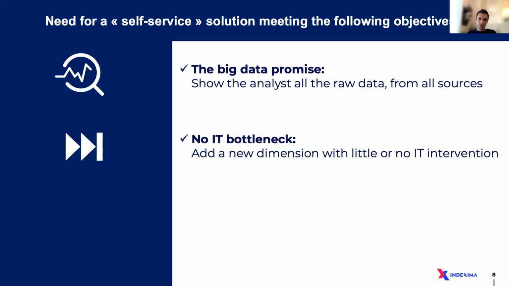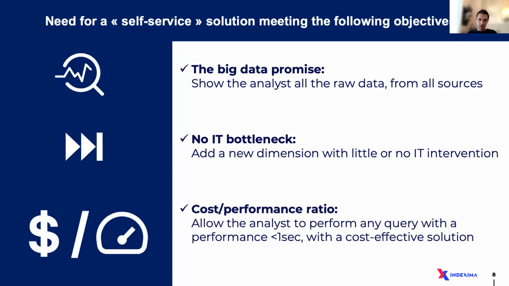Be able to add a new dimension with little or no IT intervention, and no need to rework totally an ETL or a cube or data mart process. And finally, to allow the analyst to perform any query with a performance below a second, and with a cost-effective solution.